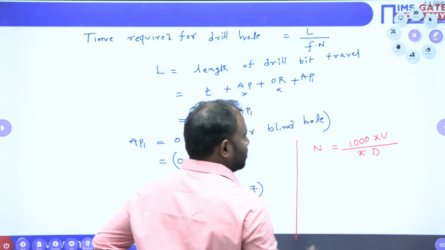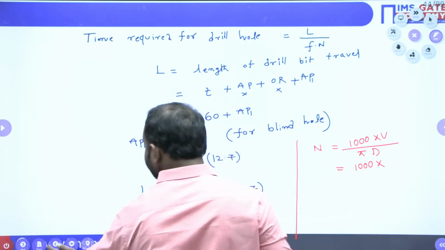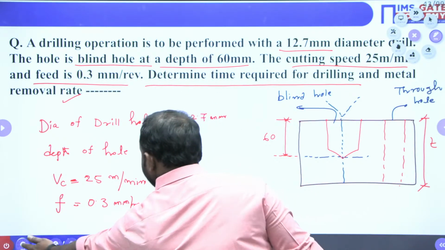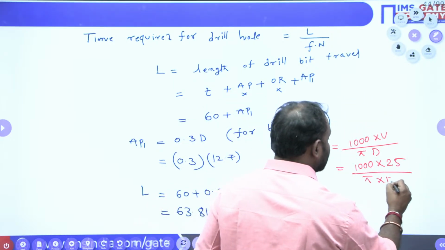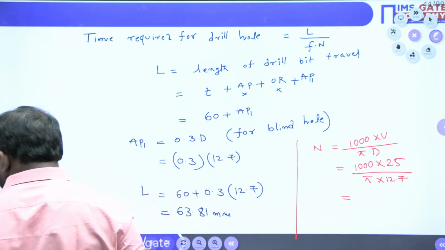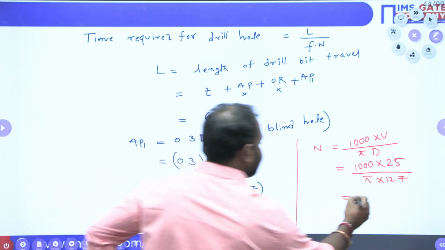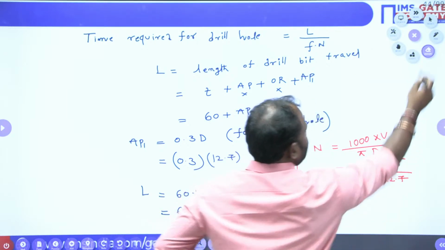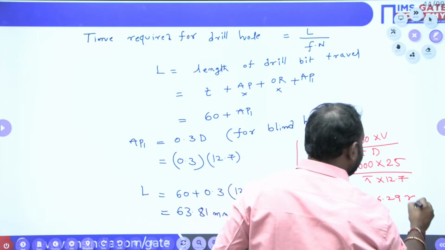The cutting speed given in the problem is 25, and the diameter of the drill bit is 12.7. From there I get the RPM of 626.29.